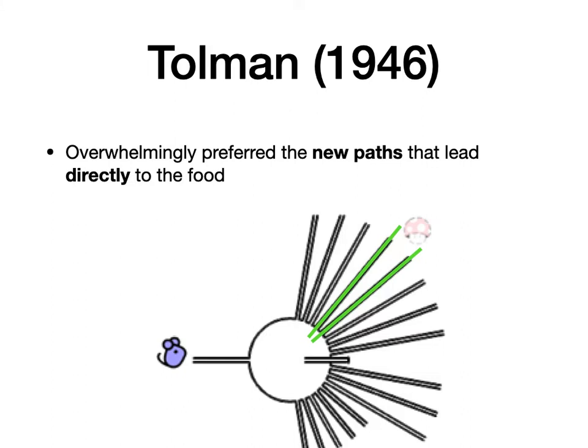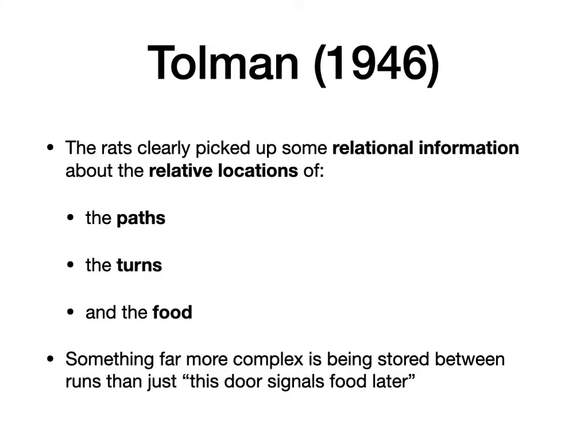That's awesome. That means that the rats have picked up some kind of relational information about the relative locations of the path, of lots of things here. The paths themselves, the turns that they made during that previous path, and also the distances, right? And the food.